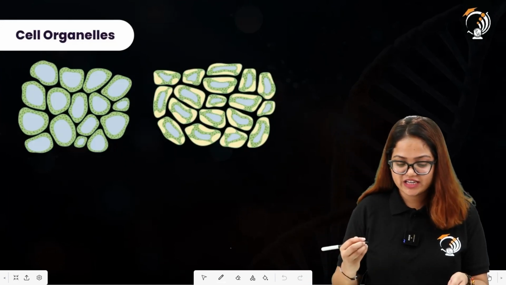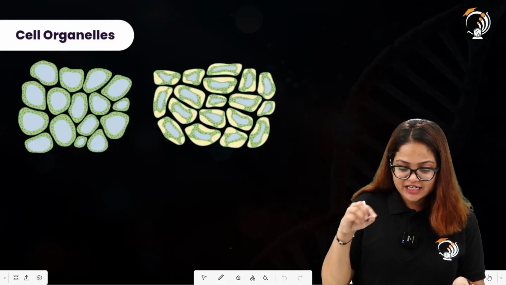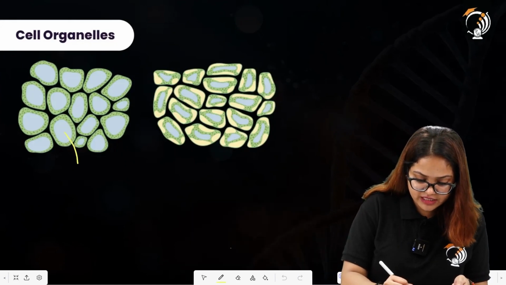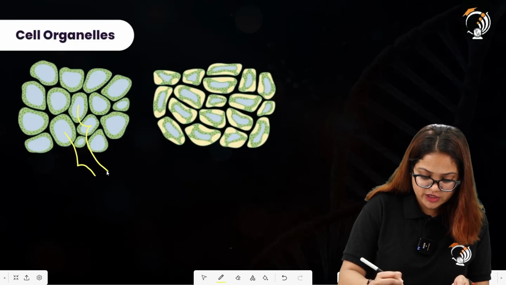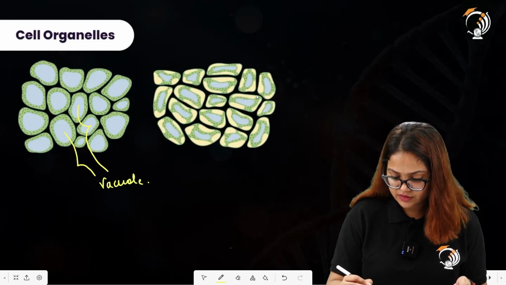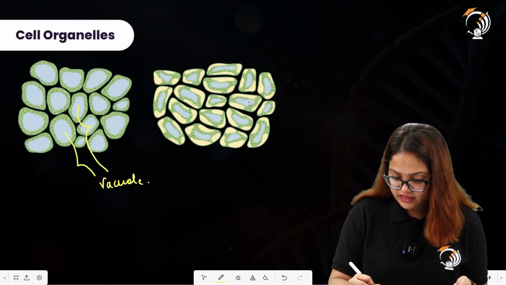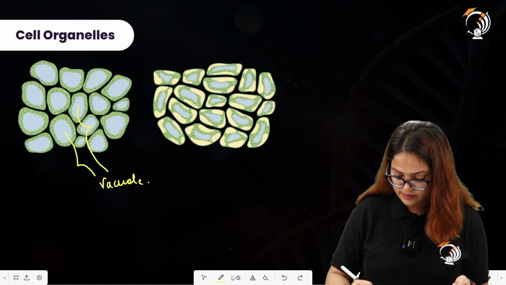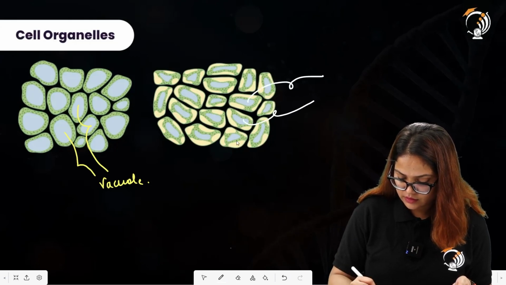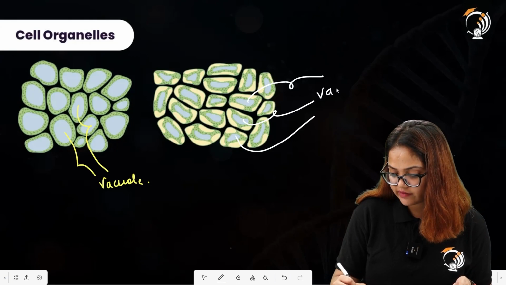Then we have the cell organelles in which there is a representation of vacuoles here. These structures are vacuoles, all of these are vacuoles. There are also vacuoles here.